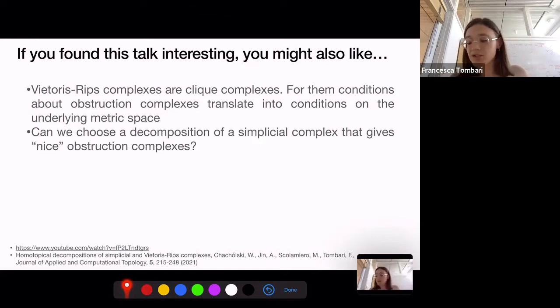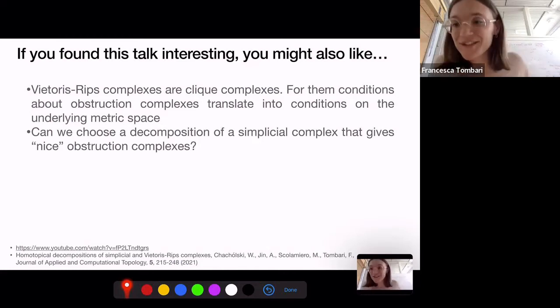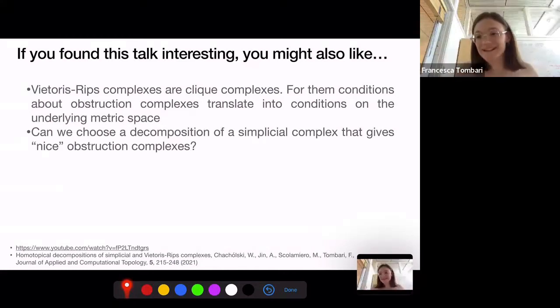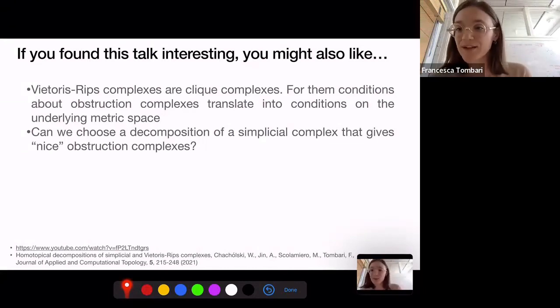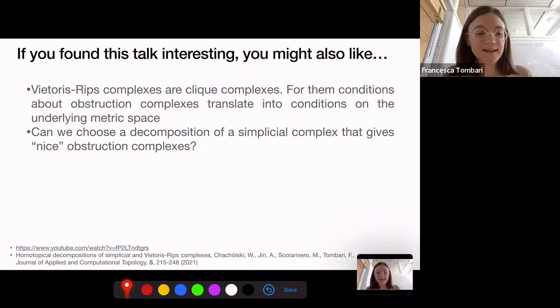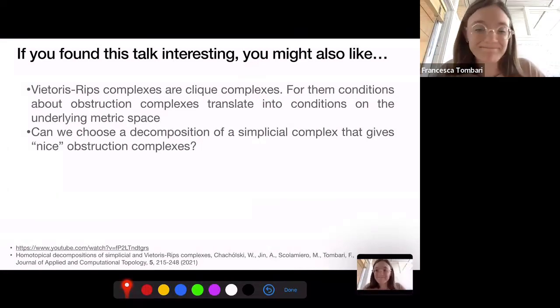If you are interested, check out the paper, or if you have something in this direction, let me know. I don't have any new updates after that paper, but I find this a very interesting topic, so I'm very curious. All right, thank you all for attending, and I'm looking forward to any questions.